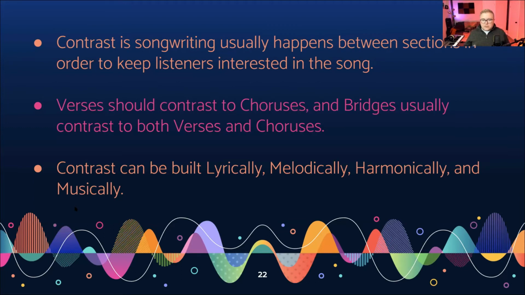So it's making sure that you're changing something so your listener keeps something fresh in their mind, but a lot of times you're coming back to the original thing that was established because they like that coming home feeling as well. And we'll talk about the tools of doing all this. So we're just getting the basis now, and then we'll talk about how this all plays into how you write your songs.